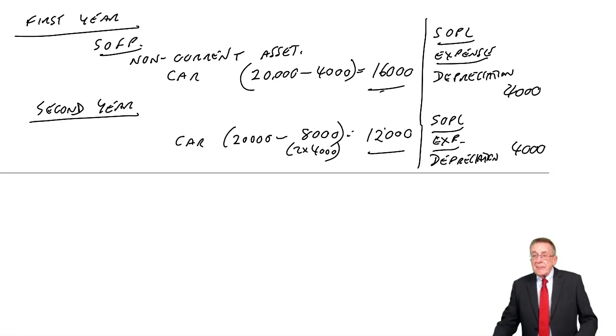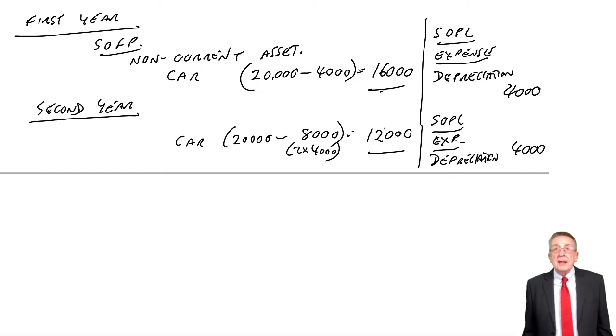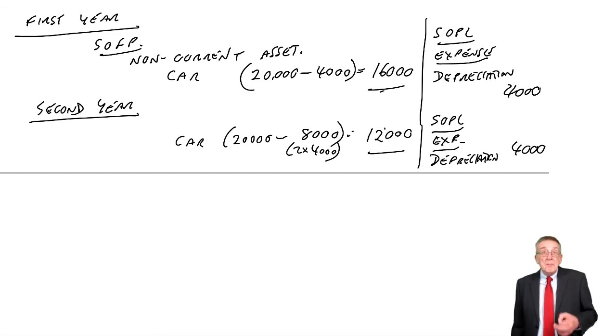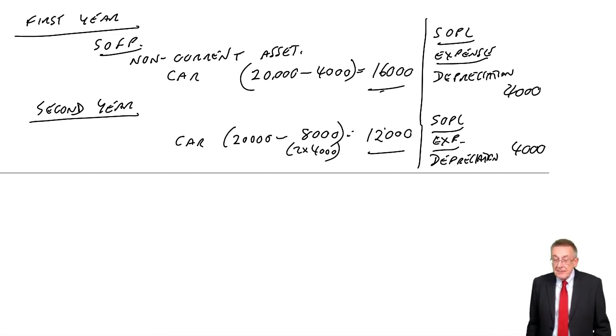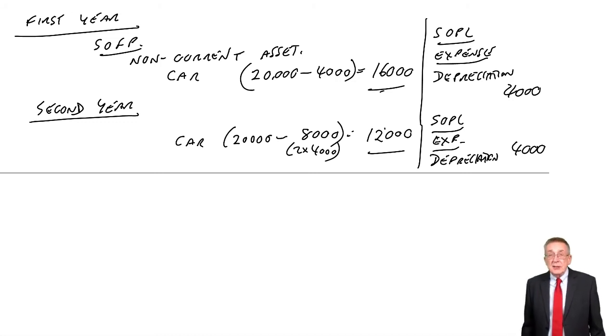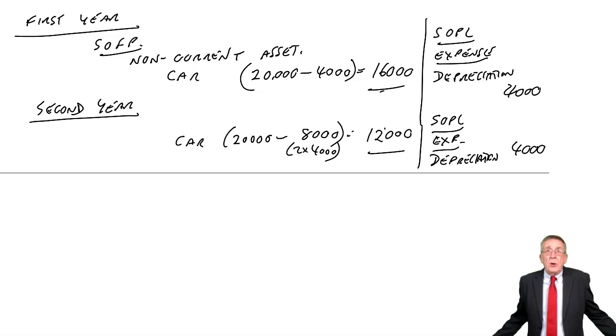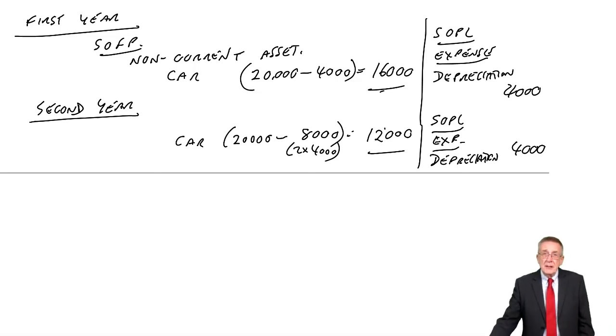You know, that car, if you buy a car for 20,000, fine. After a year, it's going to be worth less, obviously. But it would be an absolute miracle if it was worth exactly 16,000. And after 2 years, exactly 12. I say that's almost impossible to be the case.